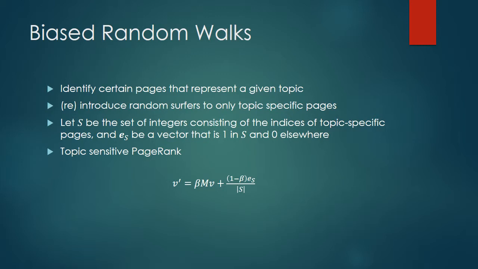So you can think in terms that if you're a sports fan, you want to increase the probability that you will be on a sports web page, which means that when I'm generating my random reappearance, that's going to start off from a sports page, which has been identified. And we can talk about how that's been identified. What does it do? It increases the probability that I'm on a sports page or pages that are reachable from these sports pages, say from ESPN or any other sports website out there, right?